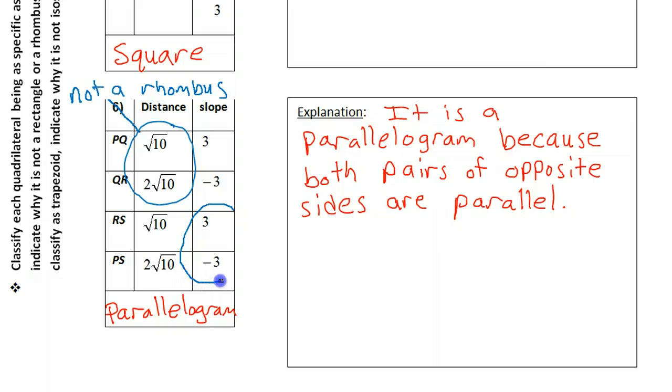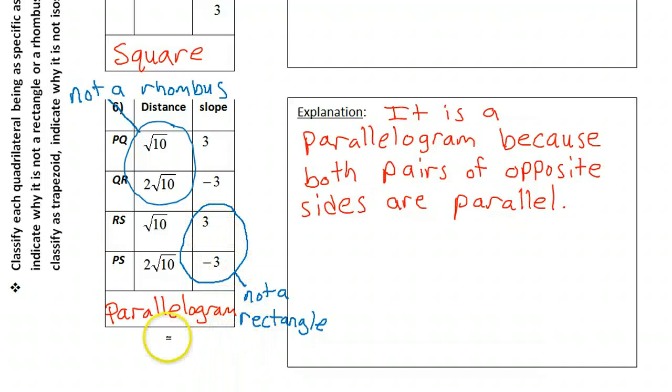It's the slopes that tell me that this is not a rectangle. So I could circle these and say not a rectangle. And obviously the reason is because they are not reciprocal.